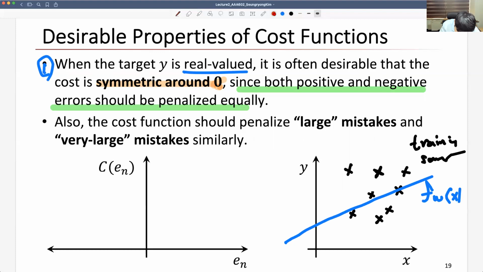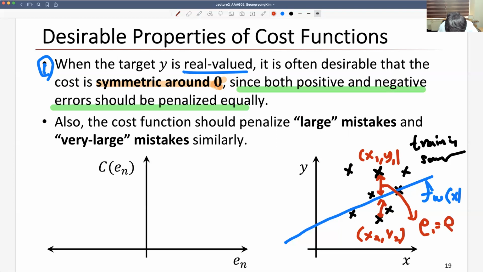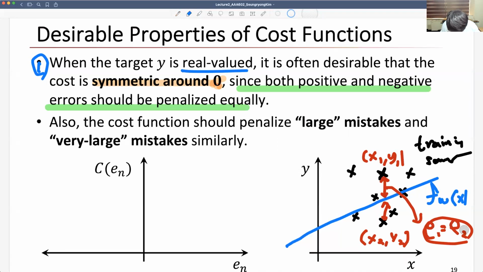Let's suppose the distance between these two samples is the same. So, for example, in this case, this is a sample x1 and y1, and x2 and y2. In this case, y1 is equal to the error of the second sample. No, I will rewrite this one, okay?